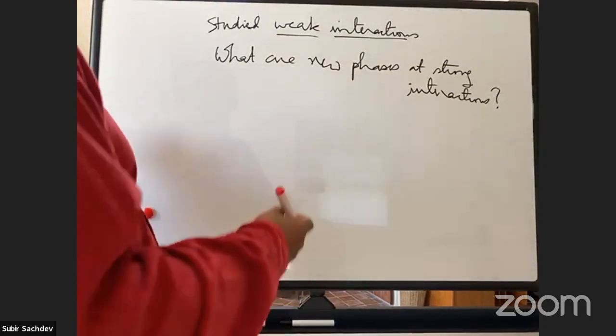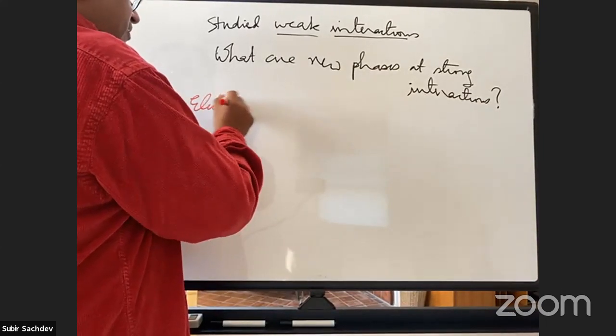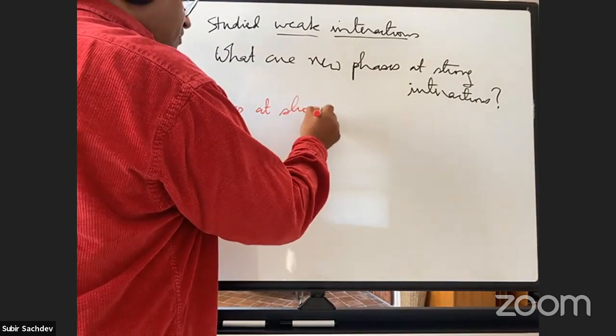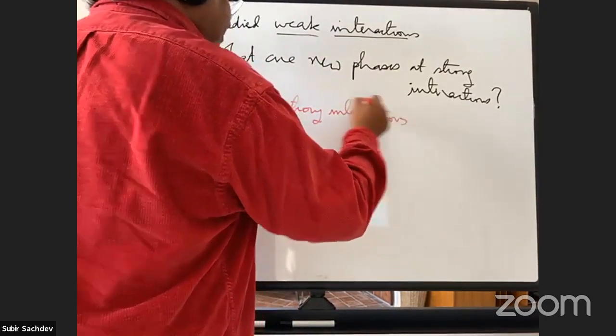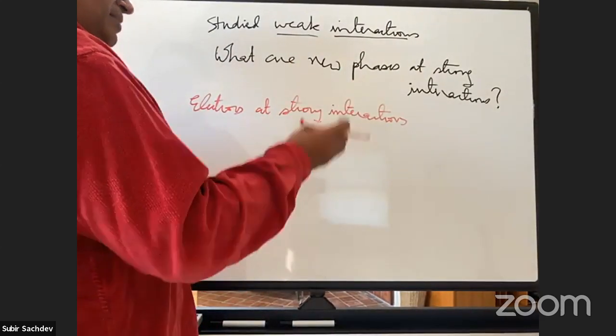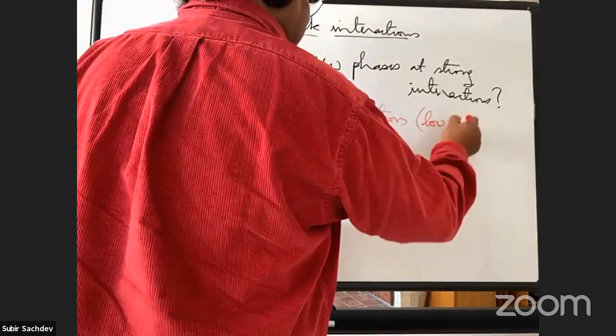So electrons at strong interactions, if you actually think about it and look at the interaction energy relative to the Fermi energy, those are electrons at low density.